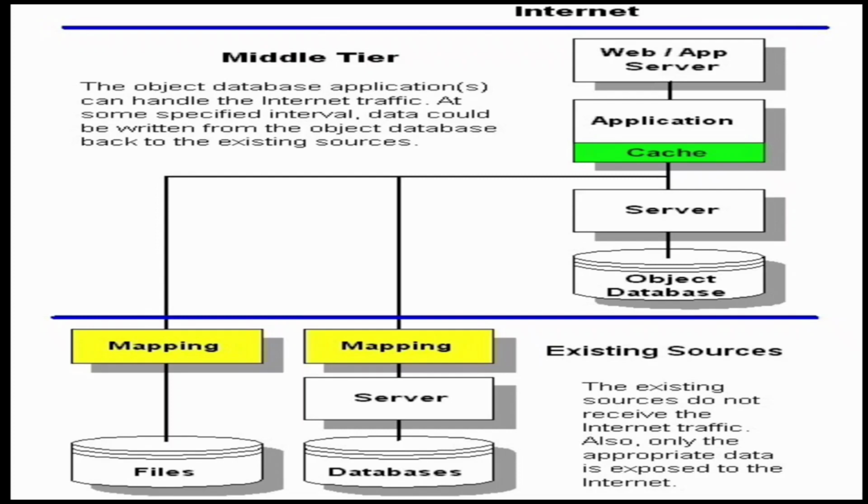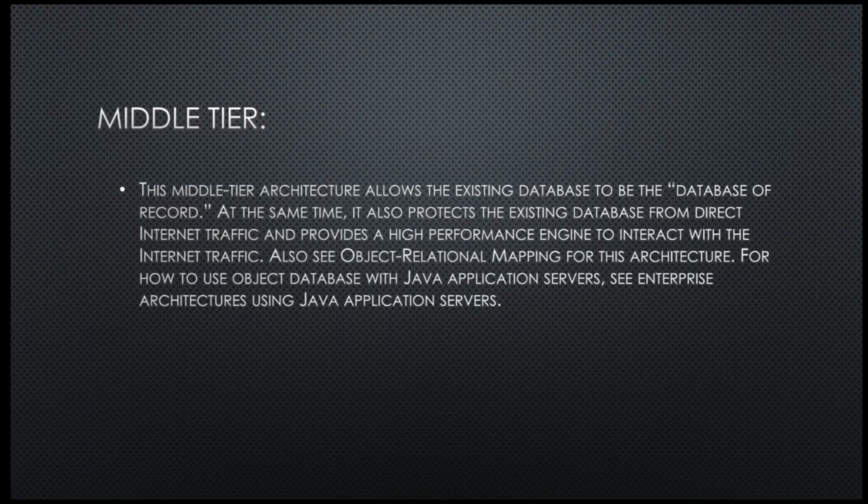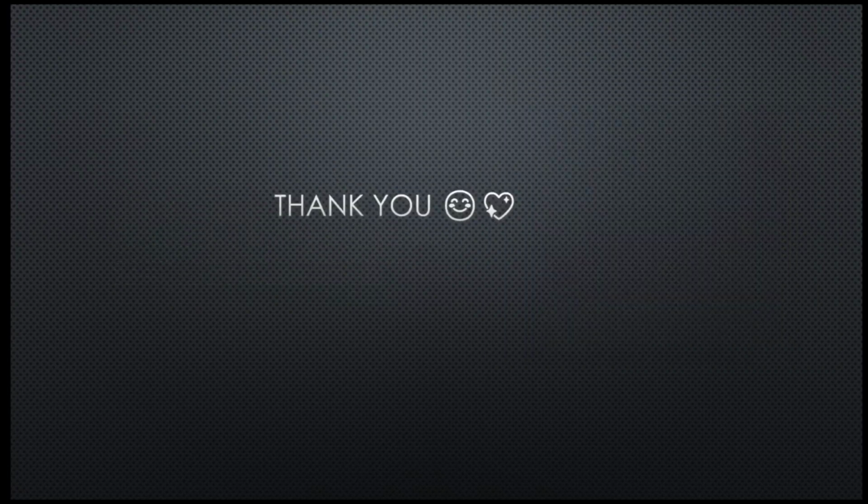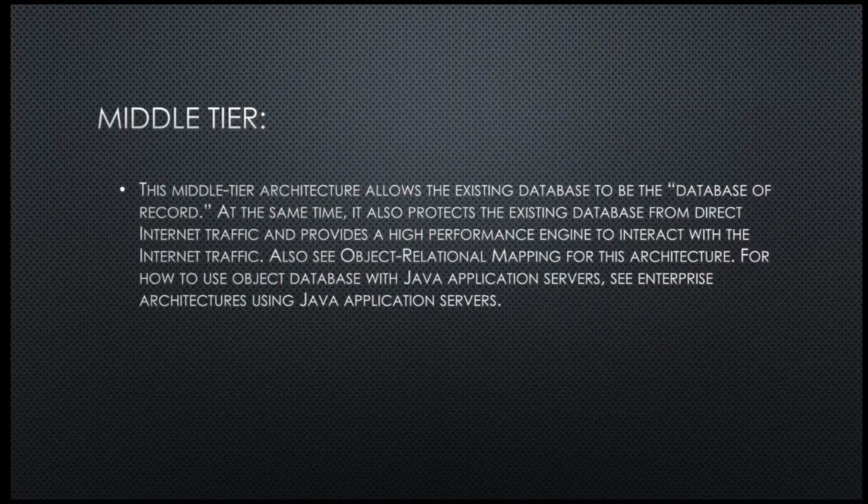Here in the middle tier we discussed the mapping: mapping to file, mapping to server. Object relational mapping is also supported by the middle tier. It consists of internet traffic.